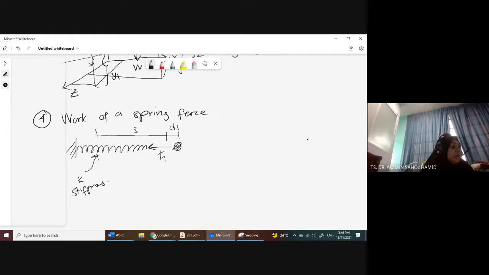Usually this distance s is the unstretched length, which is how the spring originally looks, and ds is the change that is causing it. So the work of a spring U equals the integration from S1 to S2 of the force of the spring multiplied by ds.